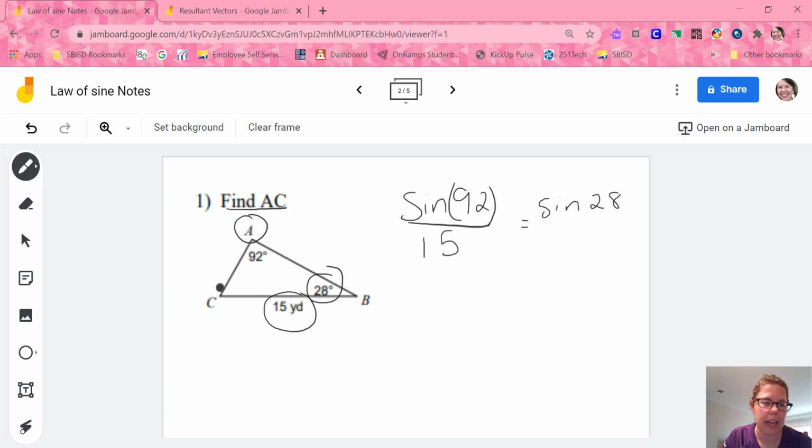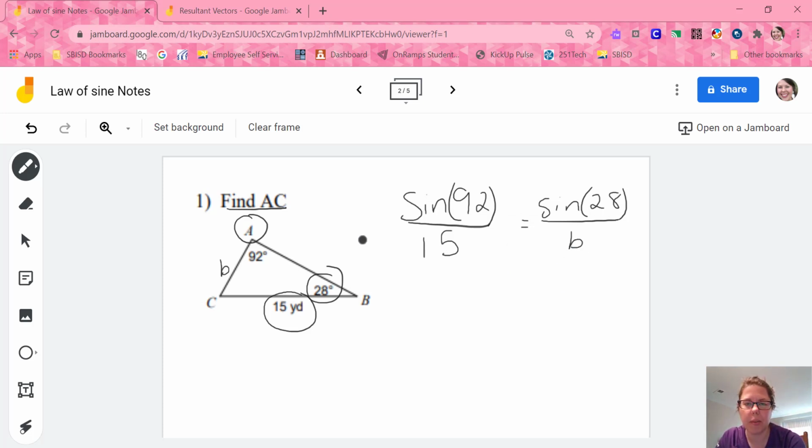Side AC you could also label as side B, so we'll call this B so we don't have lots of letters to think about. Really this is just a proportion. We've solved proportions before, and that's what we're doing here today.